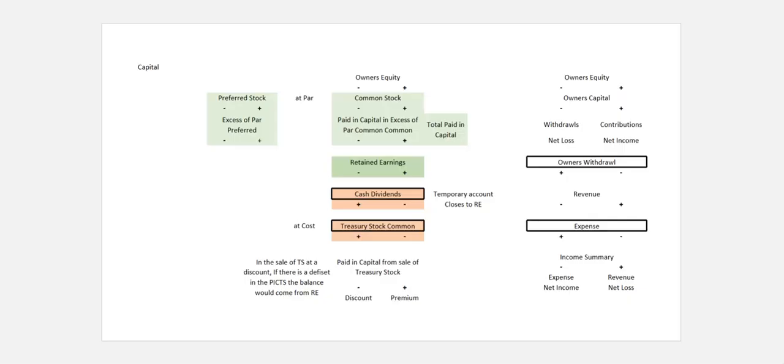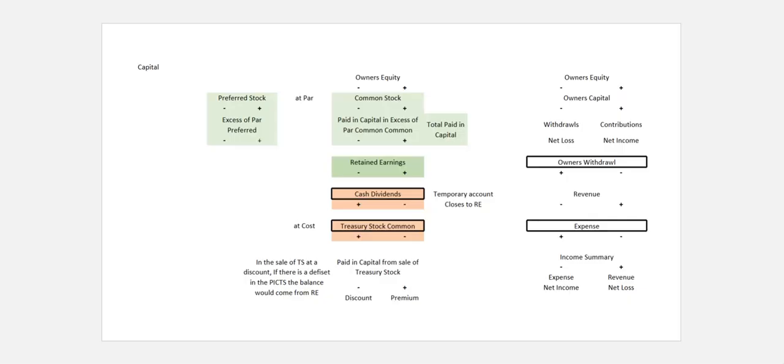So we issue common stock usually at par or stated value. That par or stated value is an arbitrary amount. We issue at par because we can figure out how many shares we have issued by dividing the total amount in common stock, the credit balance, by the par.